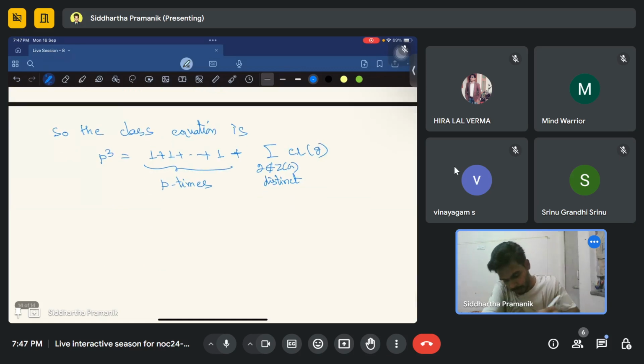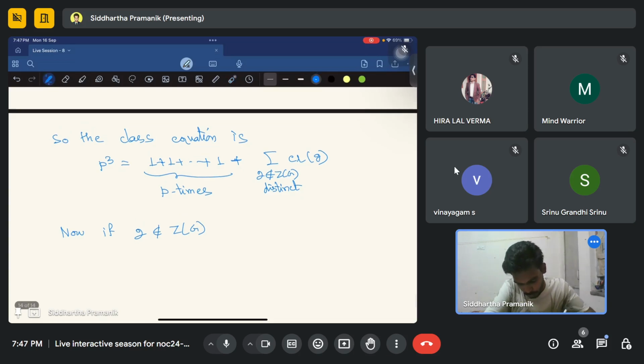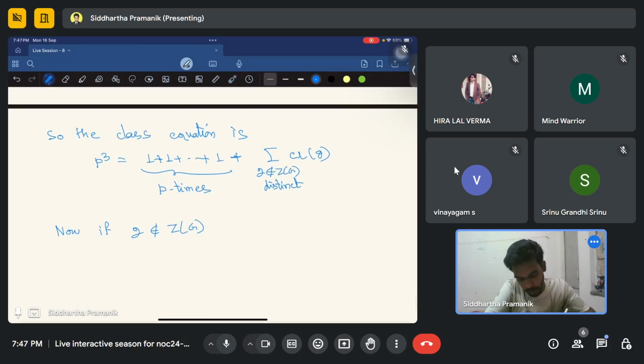Now if g does not belong to Z(G), we need to find the order of the conjugacy class of g. What is the possibility of this?